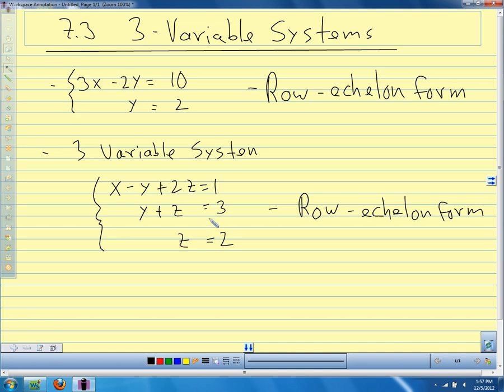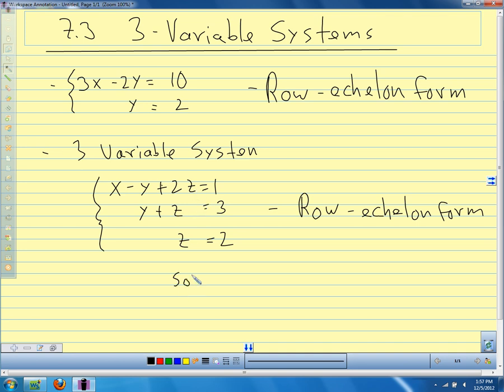If we substituted z into this equation, we would find that y equals 1, and if we substituted y and z into the first equation, we would find that x equals negative 2.